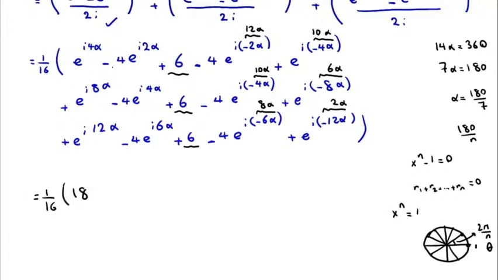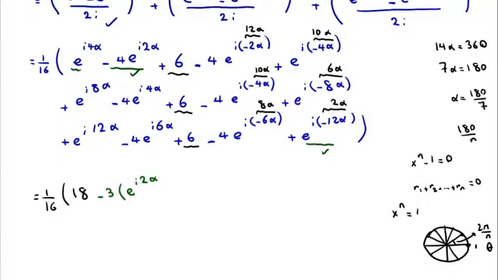And let's check each part. Let me write with green. Negative 4 e^(i2α), and this one will be negative 3. So it will be negative 3 e^(i2α). This part we've calculated. Now let's calculate 4α.